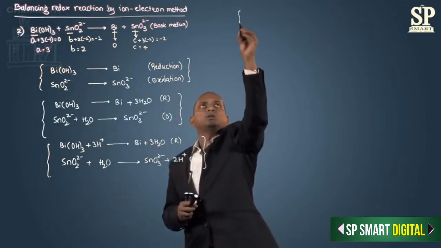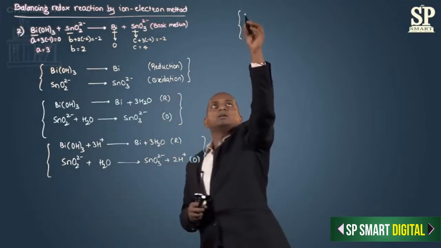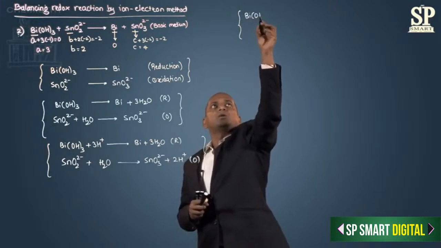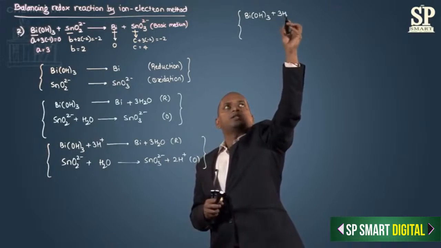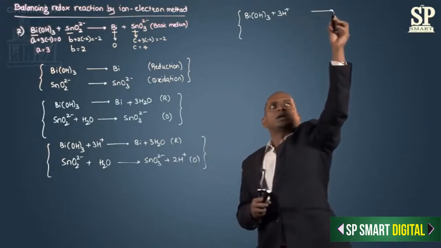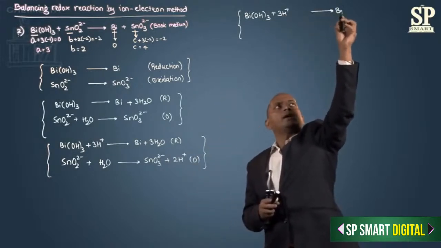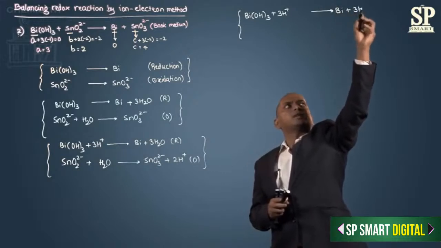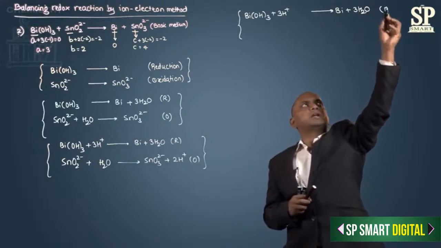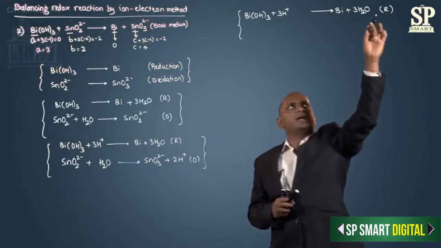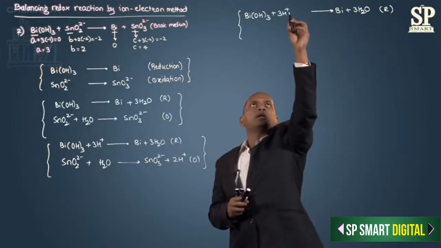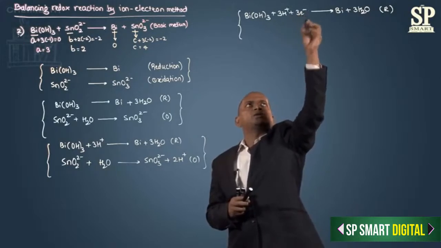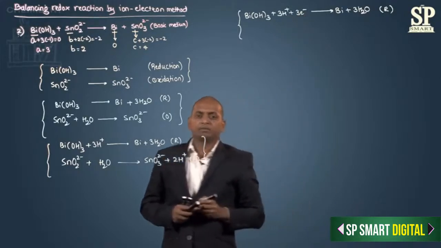So I'll write Bi(OH)3 plus 3H plus gives you Bi plus 3H2O. So, reduction. Now this side there is no charge, but here there are 3H plus. So I need to write 3 electrons on the left hand side.